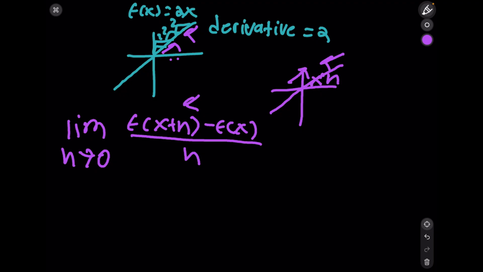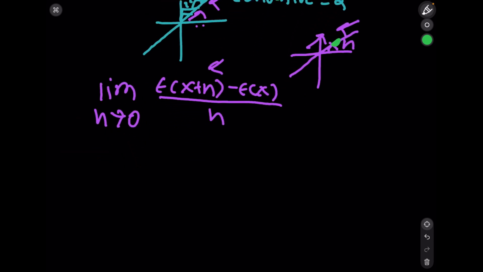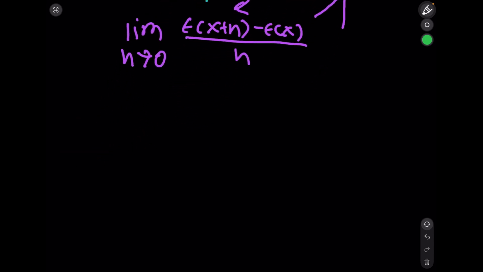Since h is approaching 0, we can say it's nearly the same point, and you're finding the slope at that specific point. I can always make another video showcasing the history and how it was derived. But overall, this is the equation we'll be using as the limit definition of a derivative.